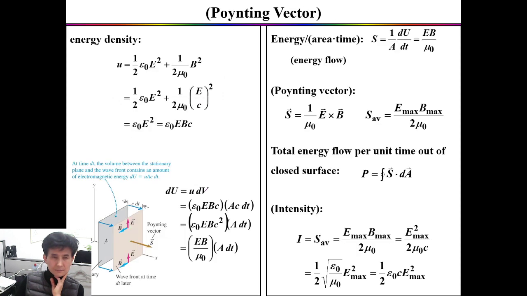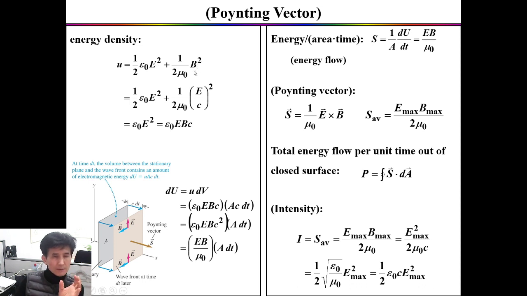And since electromagnetic waves are waves composed of electric and magnetic fields, we have previously derived that for a capacitor, the energy density is proportional to 1 over 2 epsilon 0 E squared. E is the electric field between the capacitor.